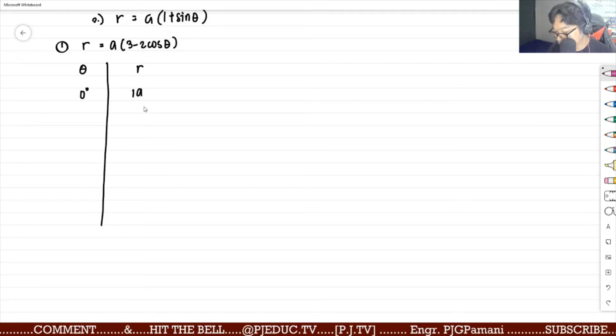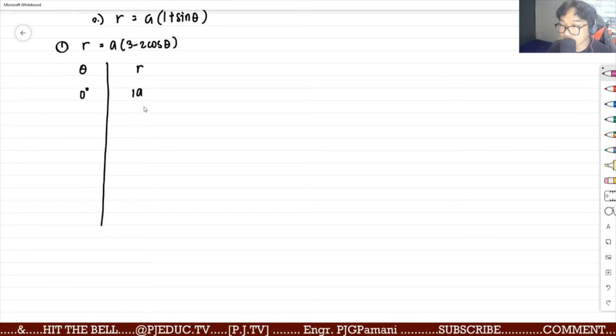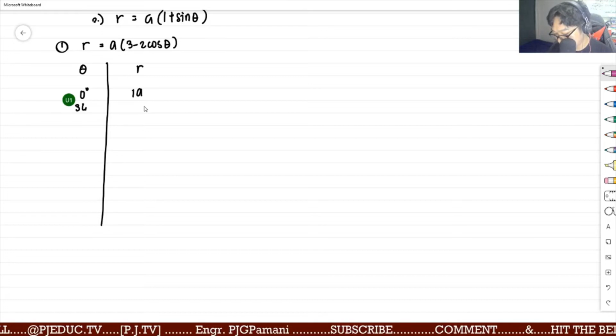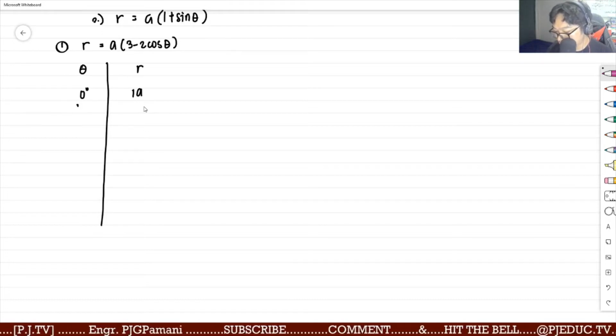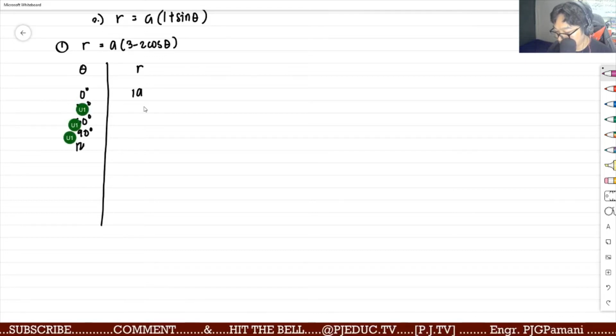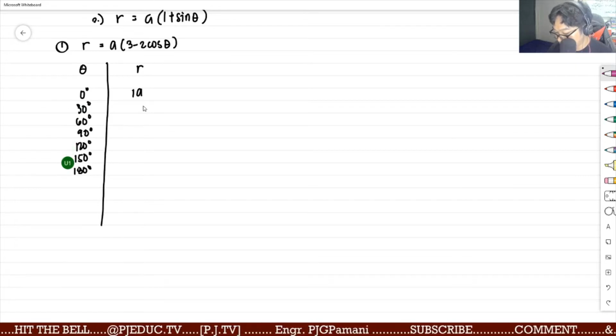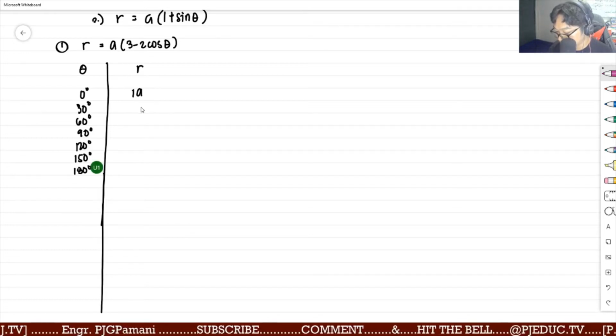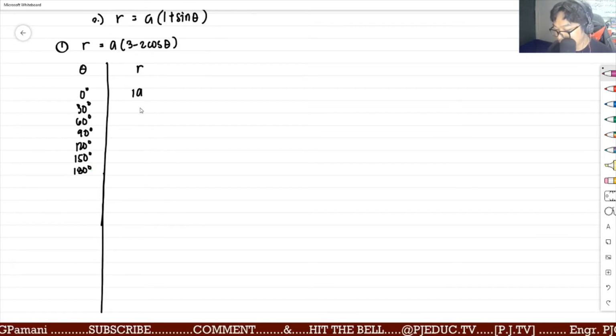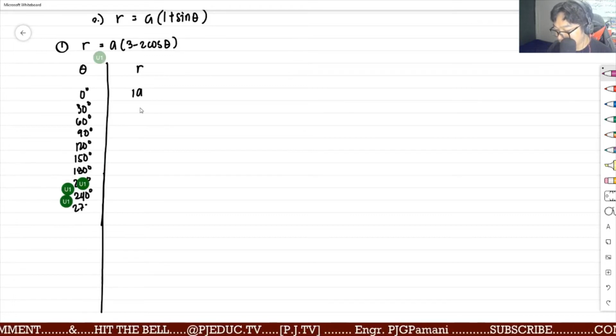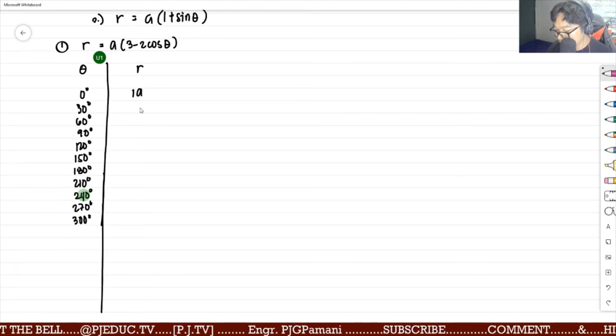And so forth and so long hanggang 360 degrees. 30 degrees, 60, 90, 120, 150, 180. Lagay ko lahat, so marami to. 180, 210, 240, 270, 300, 330, and 360.